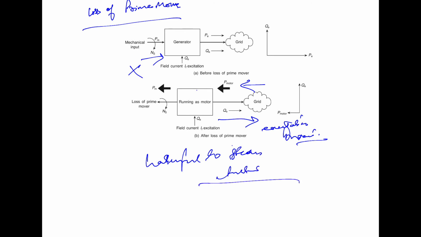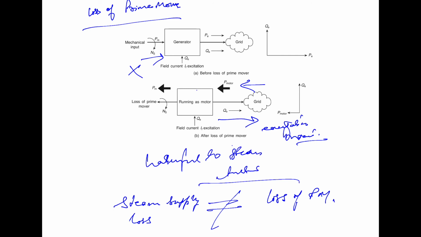Normally, loss of steam supply to the turbine causes the loss of prime mover.